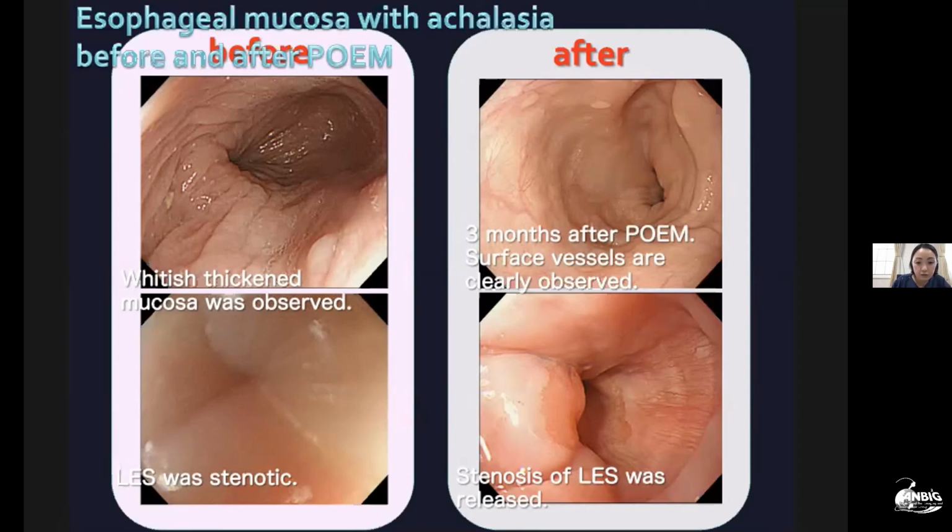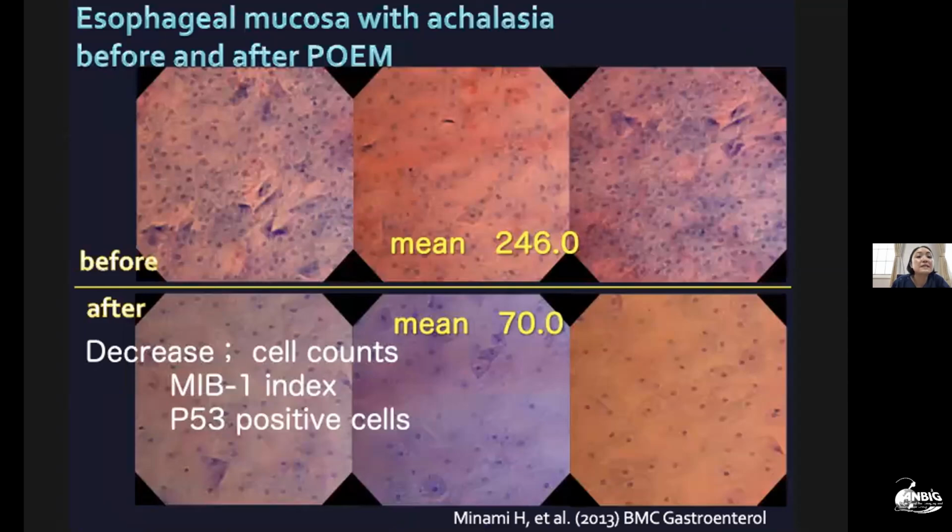We counted the number of surface cells before and after POEM and compared the pictures. The three pictures on the top were taken before the POEM procedure, and the three pictures on the bottom after. You can clearly recognize the difference in the count of nuclei observed in the cells on the surface of the esophageal mucosa.